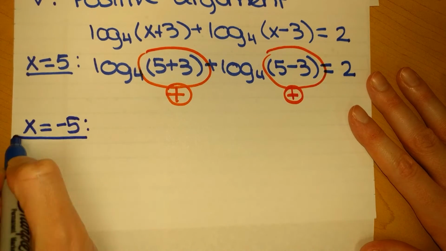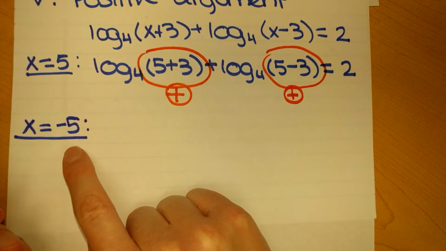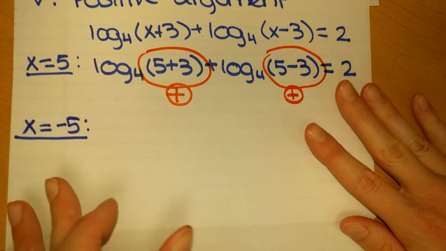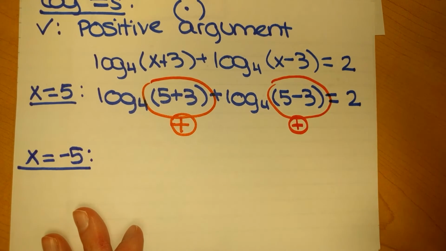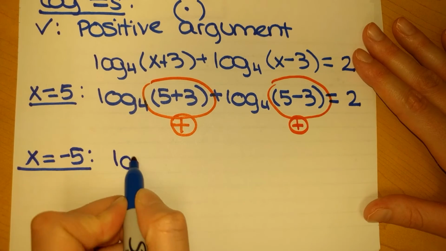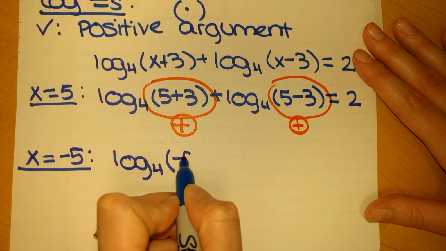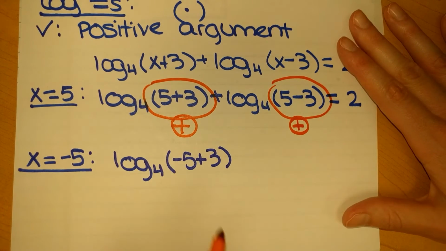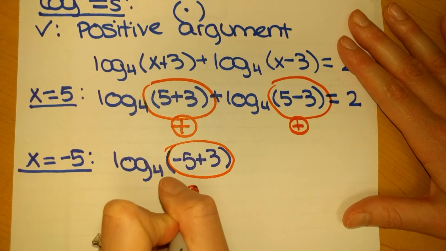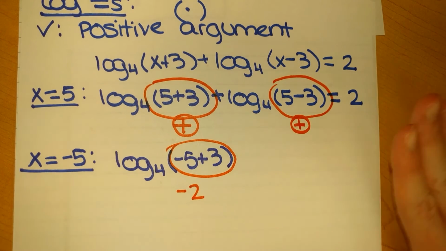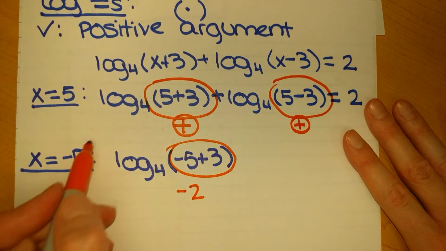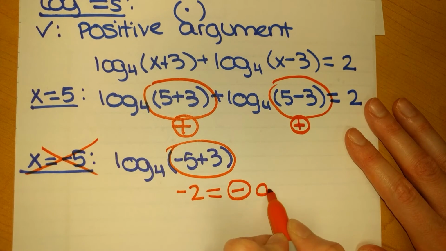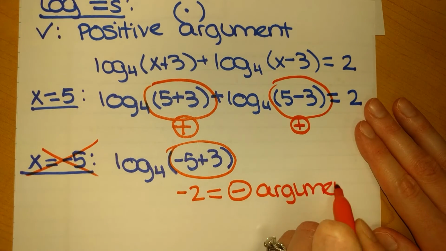Now, just because the solution is negative does not mean it's going to be a problem. The question is, do you have a positive argument? Do you have a positive parenthesis? So when I plug in the negative 5, it's only when I see that this parenthesis evaluates to negative 2 that I say, no, that's not going to work as a solution because I have a negative argument, and we cannot have a negative argument.